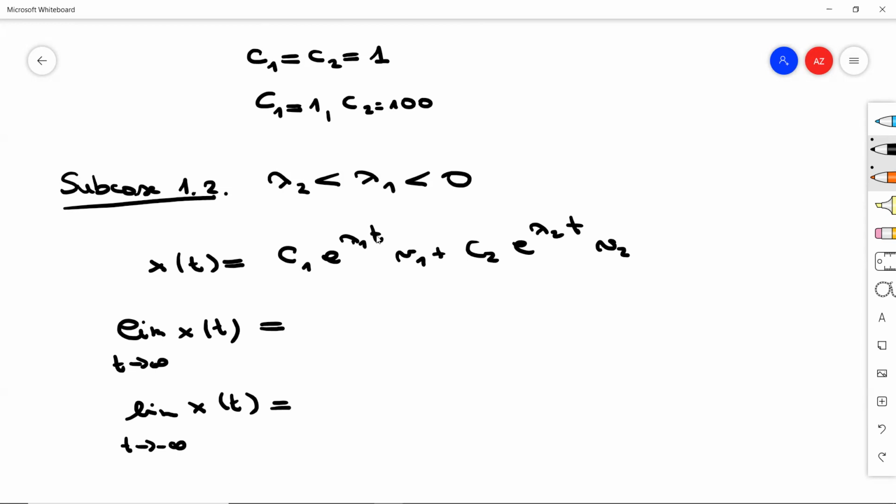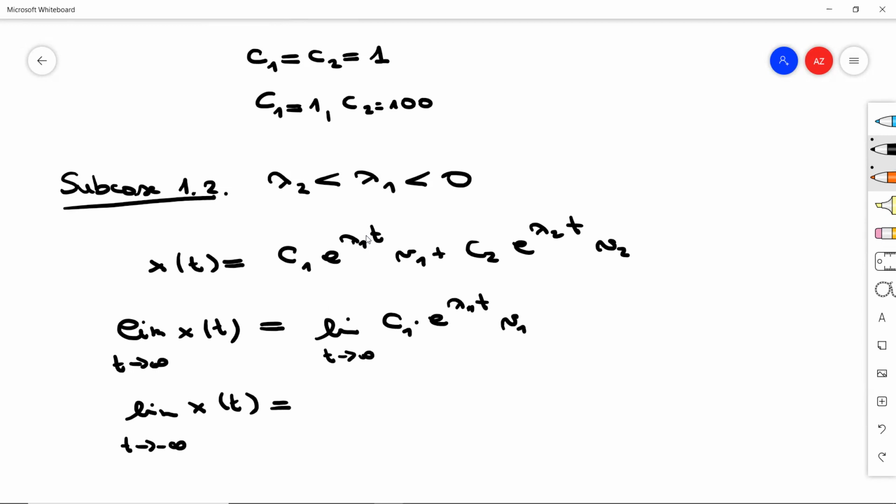So lambda 1 t, when t goes to infinity, will fall much less rapidly than lambda 2 t, because lambda 2 is more negative, and as t goes to infinity, lambda 2 t will go to minus infinity more rapidly than lambda 1 t. So the prevailing direction here will be c1. So this will be the limit as t goes to infinity of c1 times e to the power of lambda 1 t v1.